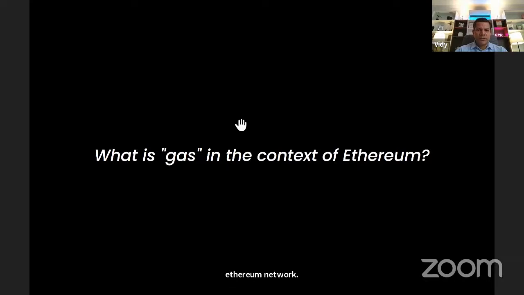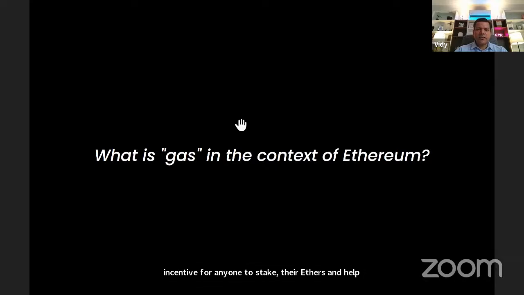Let me see what answers you've got here. Unit of measurement for computational work. Okay. A gas fee is a blockchain transaction fee paid to network validators for their services to the blockchain. Without the fees, there would be no incentive for anyone to stake their ethers and help secure the network.